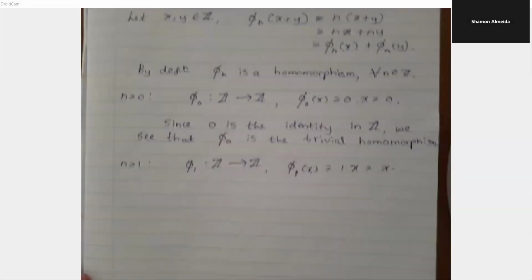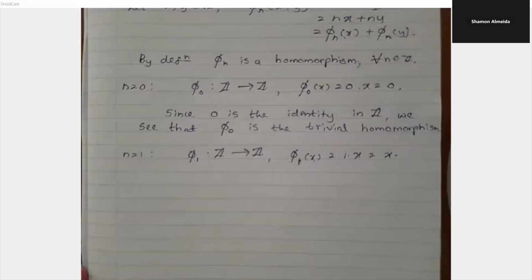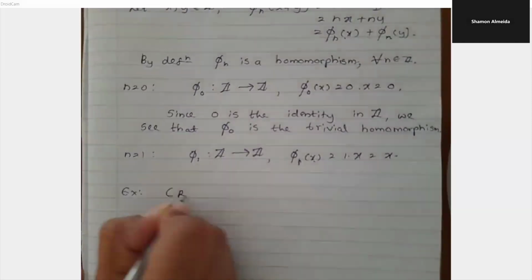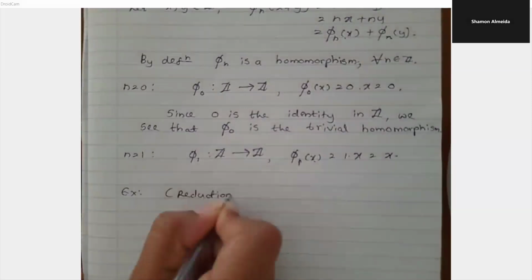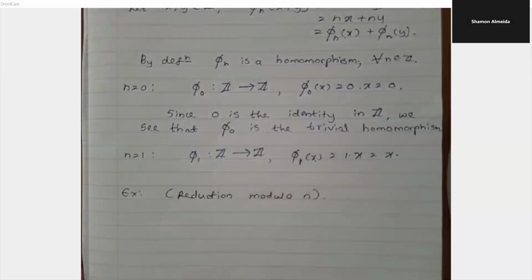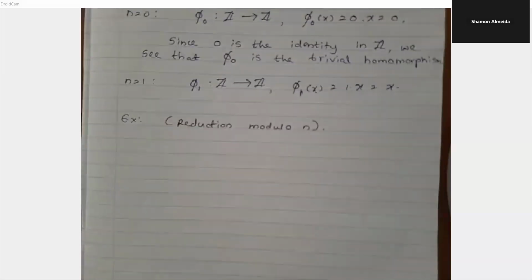Okay. Let's take a look at another example. Reduction modulo n. Now we are going to define a map from the additive group of integers to Zn, Zn containing integers from 0 to n minus 1 under the binary operation addition modulo n, right?